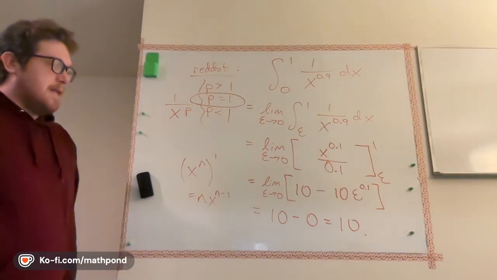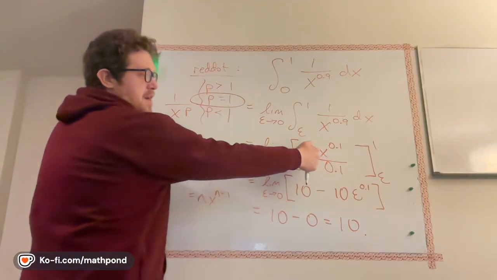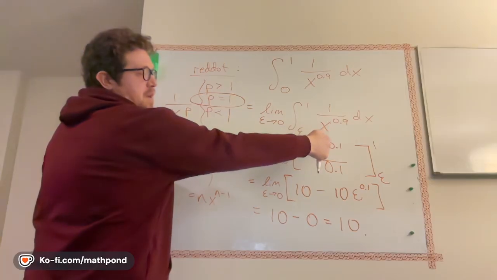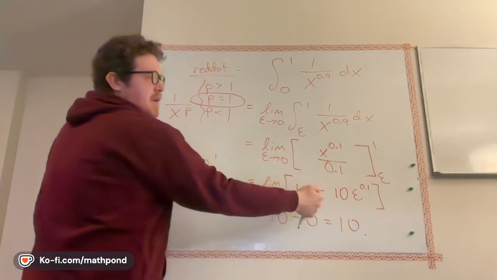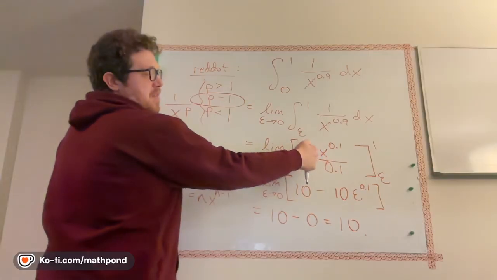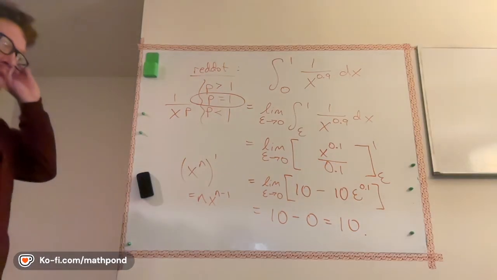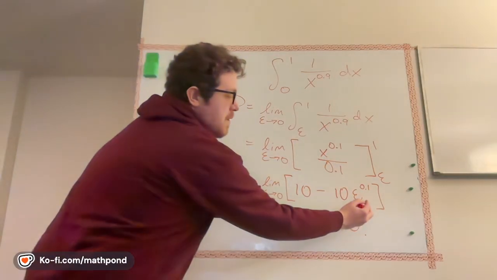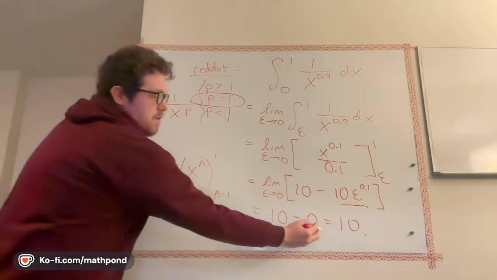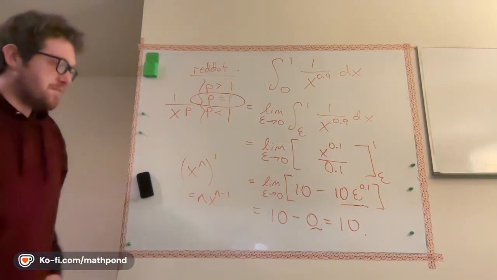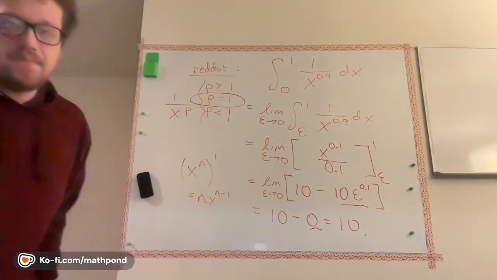So we plug in 1 here. 1 to the power of this is 1, divided by this is 10. Then we subtract off, we plug in epsilon, we get 10 epsilon to the 0.1. But this part's just going to 0. So in the limit it's 0, and that's just 10.